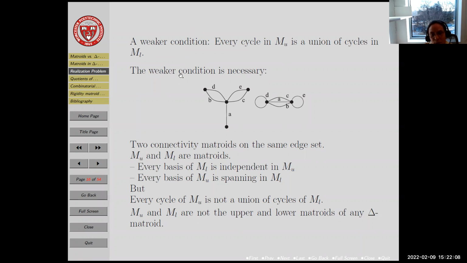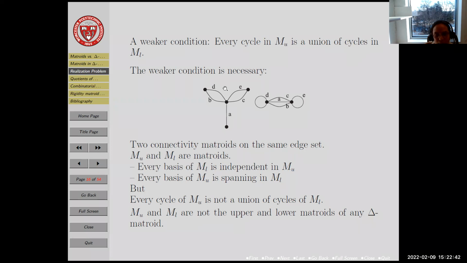So we can see by examples that the weaker condition is necessary, because if I look at my graphic matroid, then I could say that the graph on the left has rank 3, and the connectivity matroid, every spanning tree has 3 edges. And on the graph on the right, every spanning tree has only 1 edge. So the graph on the right should produce the lower matroid, and the graph on the left, the upper matroid.